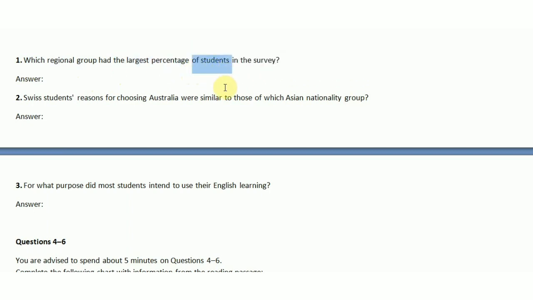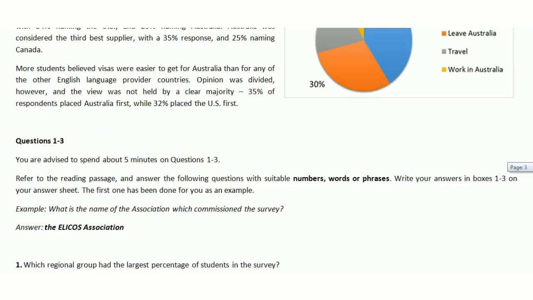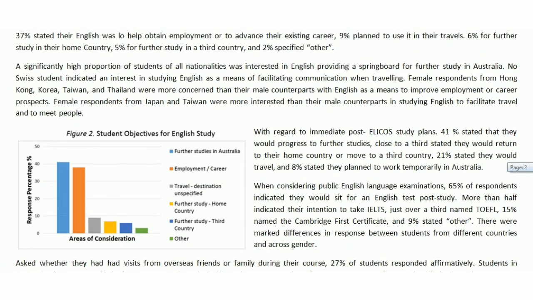Okay, so in the survey the largest number of students belonged to which regional group, this we have to tell in our answer. So let's find out in the passage which regional group had the largest percentage of students in the survey.